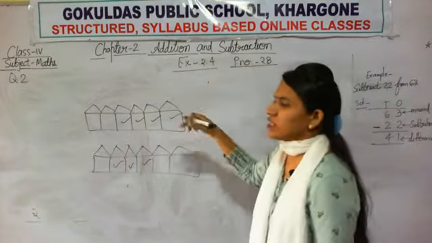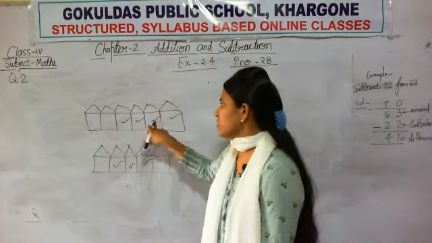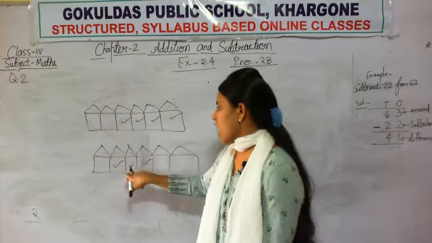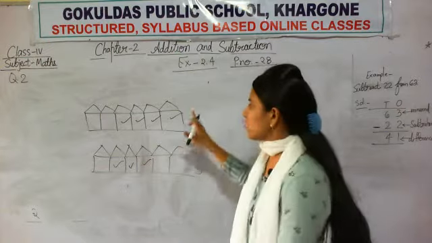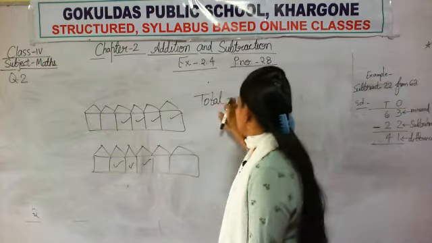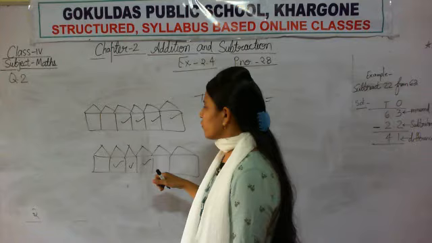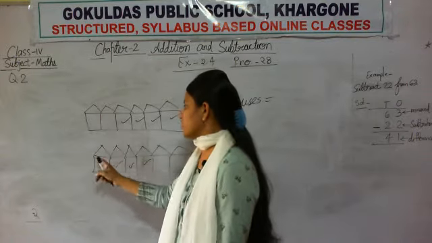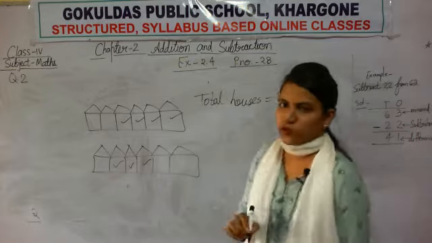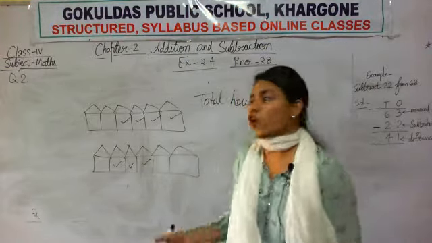The houses in which I have put the right tick are the occupied ones, meaning somebody has already purchased these houses. How many total houses? Count with me: 1 to 12. Total houses, 12.